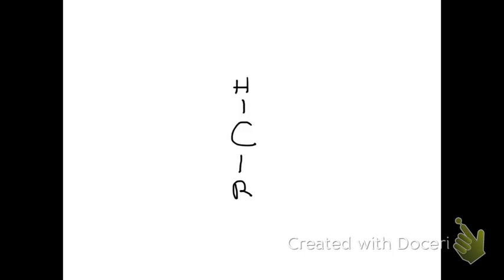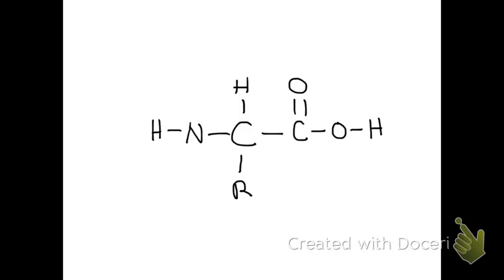And remember, there are 20 R groups. And then we have our carboxylic acid group right here with our O and our H, and there's our acidic hydrogen, and our amine group, like so, with our lone pairs on the nitrogen.